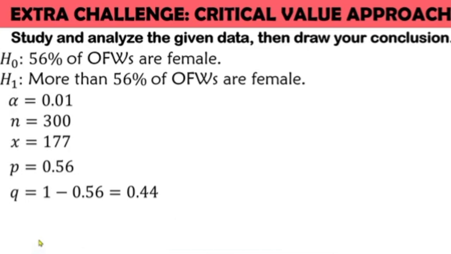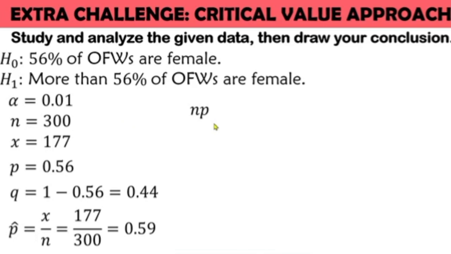Let us also solve for our sample proportion, and that is 117 over 300, and this will give us 0.39.